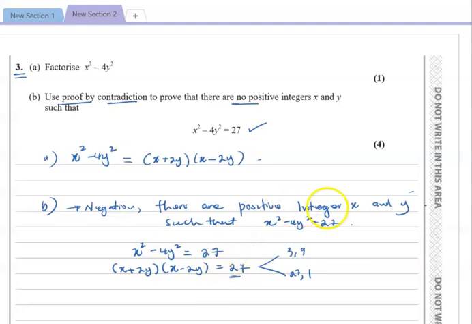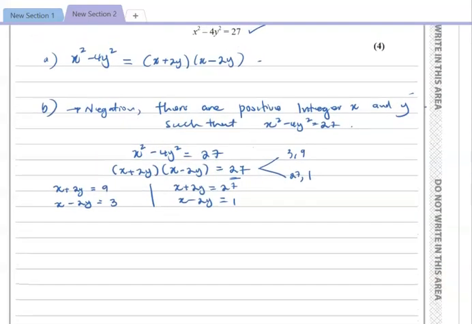So we have either x plus 2y is equal to 9 and x minus 2y is equal to 3. That's the first pair of possibility. The next pair is x plus 2y is equal to 27 and x minus 2y is equal to 1. We are going to solve these two possibilities and see what we end up with.